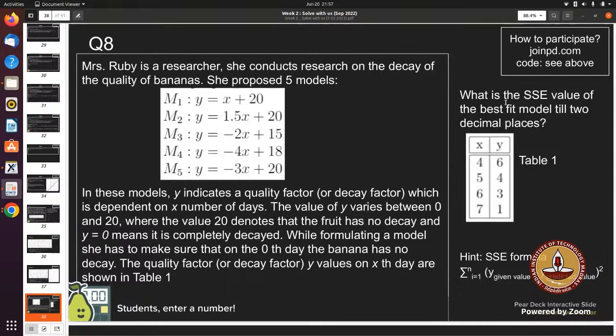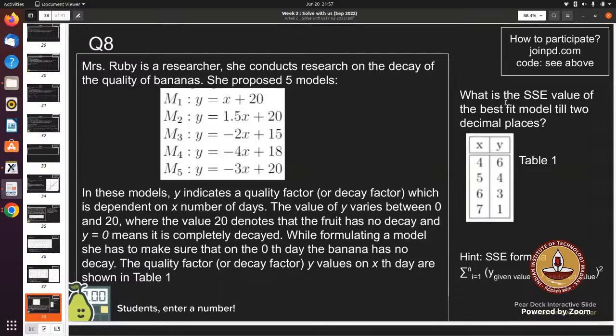You just have to do it for one, the last one, M5. These are the things you need to keep in mind in the exam hall. So calculate SSE for the last one, and that will be the last problem we do today.